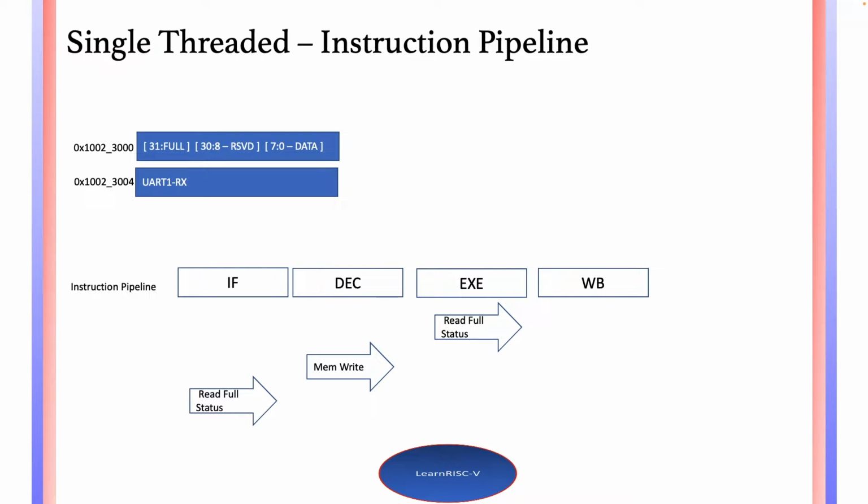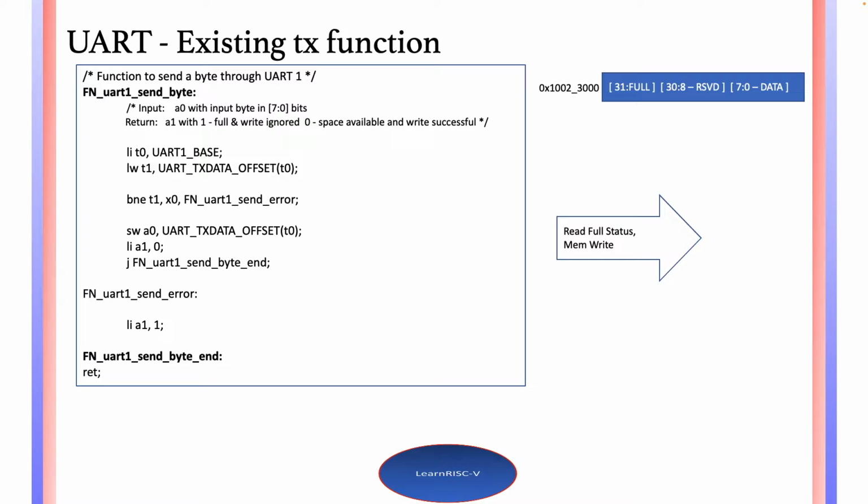Now, in a single threaded application, or the one I demoed in the previous video, it was just one application in which this UART loopback would keep sending. If the FIFO is full, it will just go back and start reading it, and vice versa.